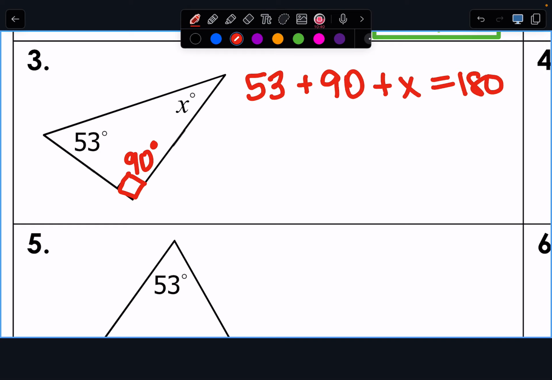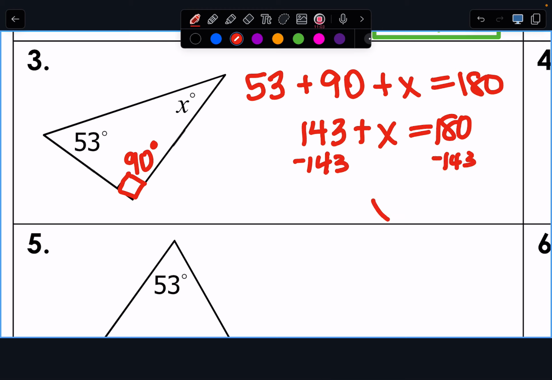Let's finish this out. 53 plus 90 would give us what? 143. So when we subtract 143, what's left over to be X? 37?